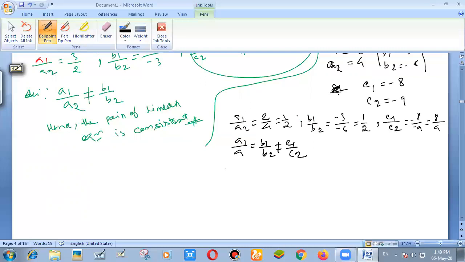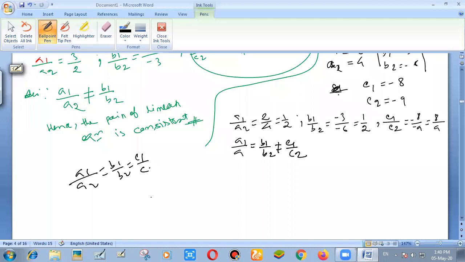What is the definition of inconsistent? If a pair of linear equations does not have any solution, then it is called an inconsistent pair of linear equations. But if they have infinitely many solutions or one solution, they are called a consistent pair. So if two parallel lines are coincident, that means infinitely many solutions, which occurs when a1 by a2 equals b1 by b2 equals c1 by c2.